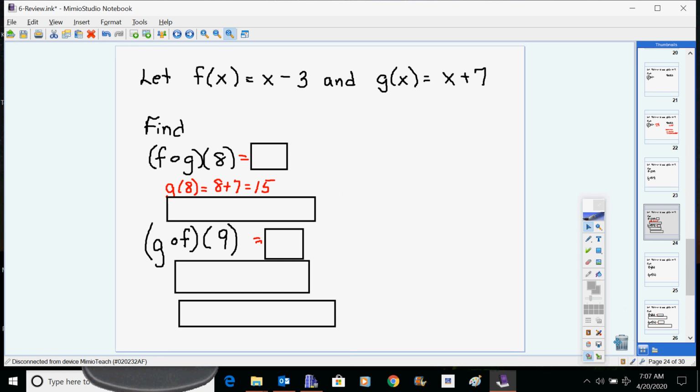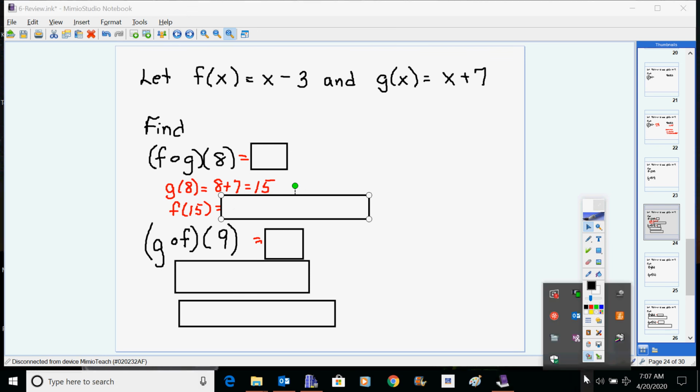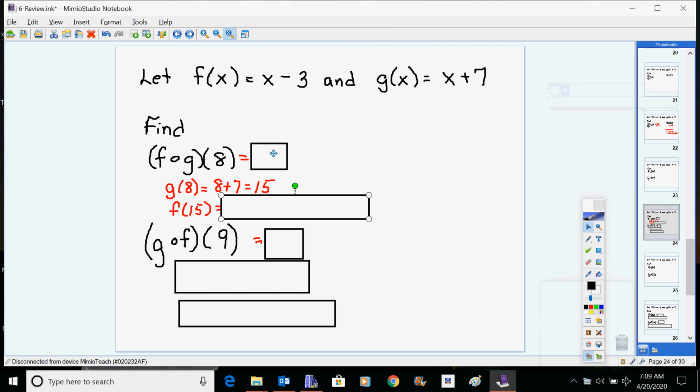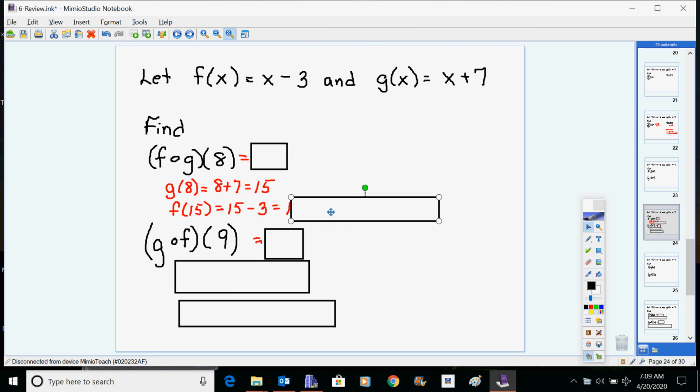Okay, so we've got that part. Then you apply the f function to it, f of 15. So then when you take f of 15, you're plugging 15 into the f function, 15 minus 3, which gives you 12.